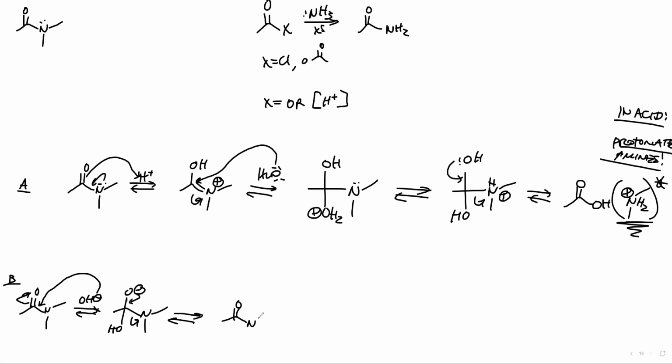But just like with the ester, when it does do that, this N minus can pick up the proton off the carboxylic acid. And so in a sense, it stabilizes itself. But it's not a very nice thing to do. Okay. Notice in the basic media, the amine is not protonated and the carboxylic acid is deprotonated.